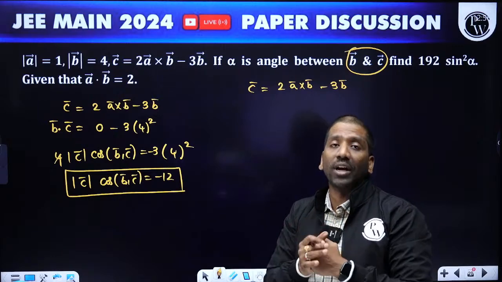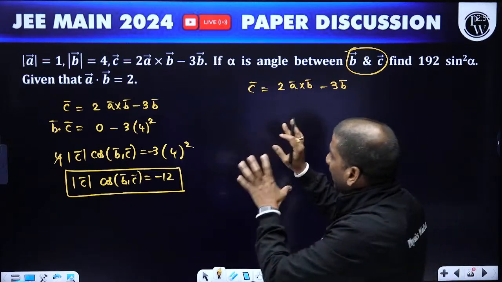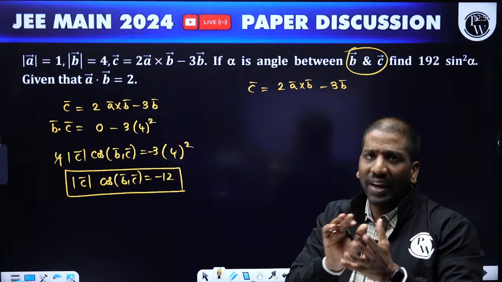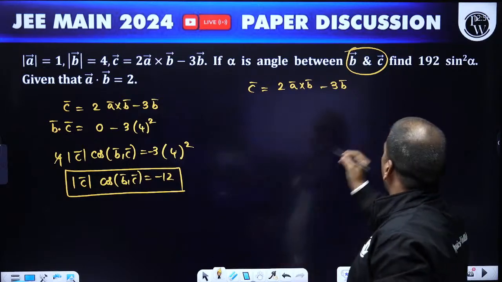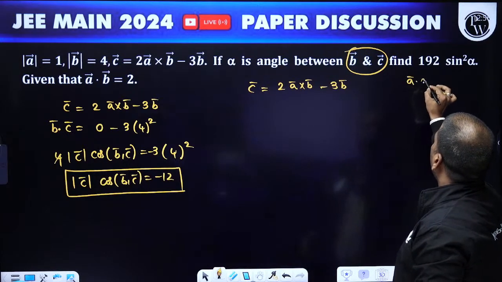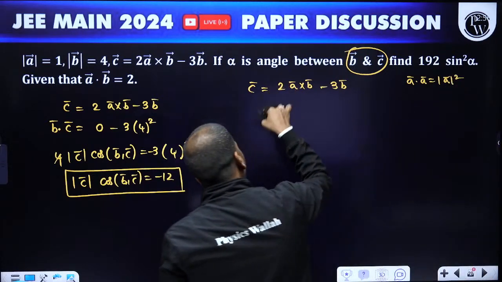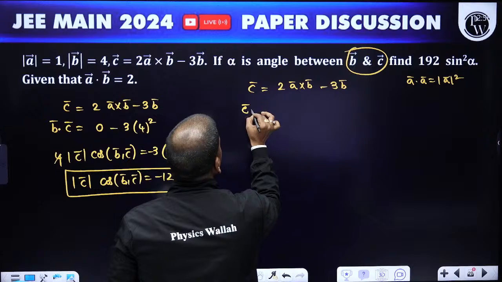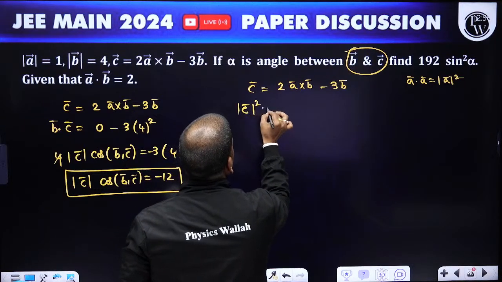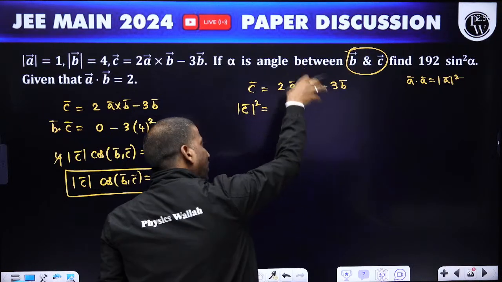In order to get the magnitude of C, wow, how can we find? So take a dot product by C, because A dot A is mod A square, na? So taking a dot product by again C, that is C dot C, mod C square. What do you get if you take a dot product by the same vector?